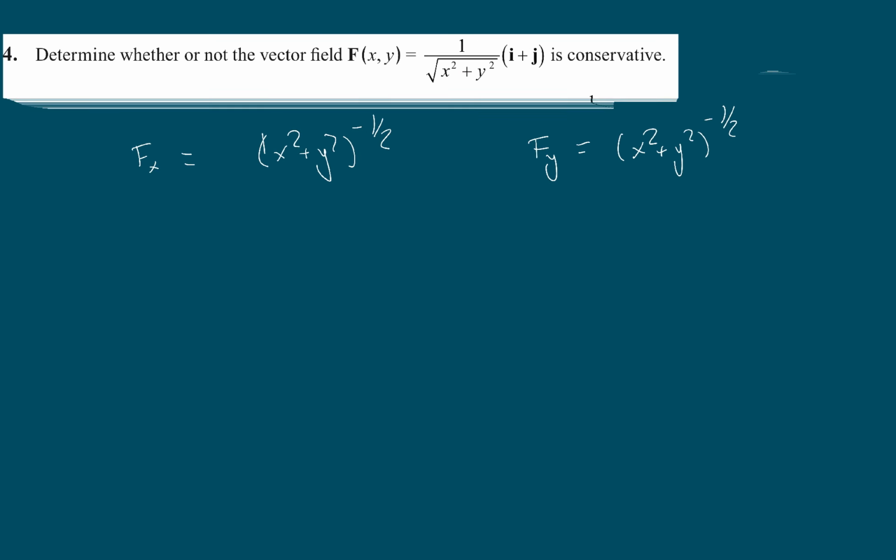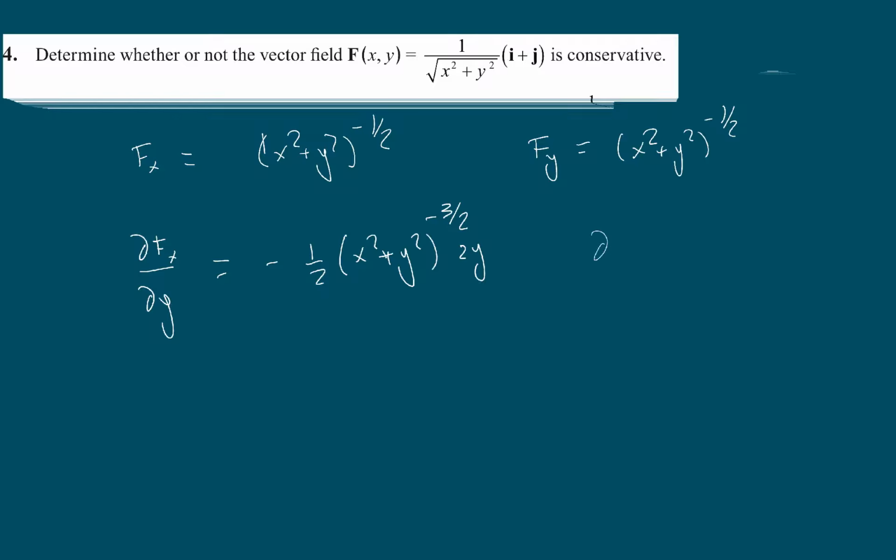What is the partial derivative of the x component of the vector field with respect to y? It is minus 1/2 (x squared plus y squared) raised to minus 1/2 minus 1, which is minus 3/2, multiplied by 2y.